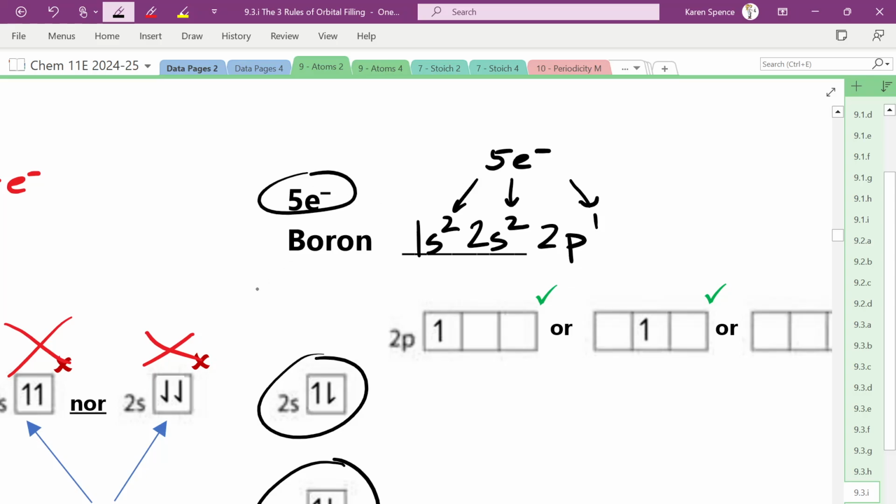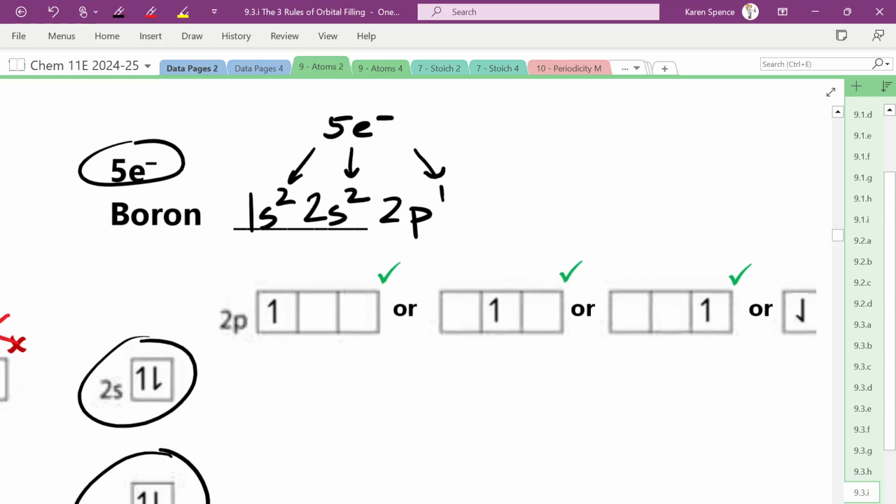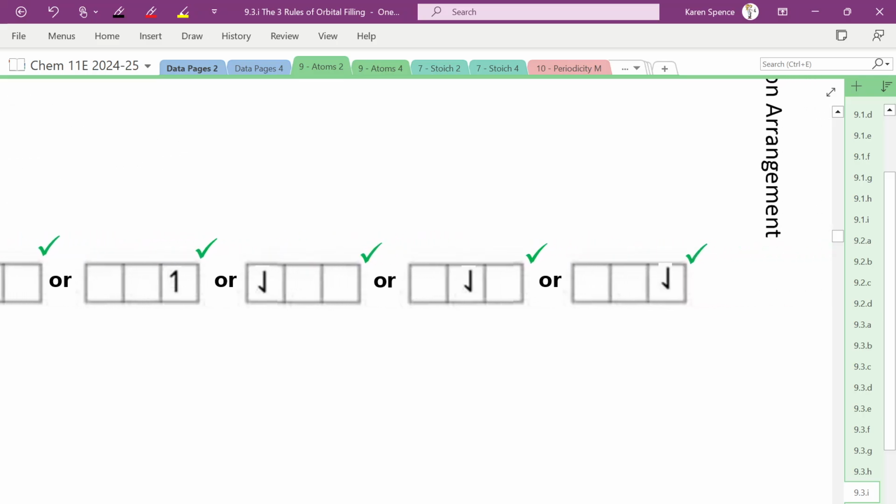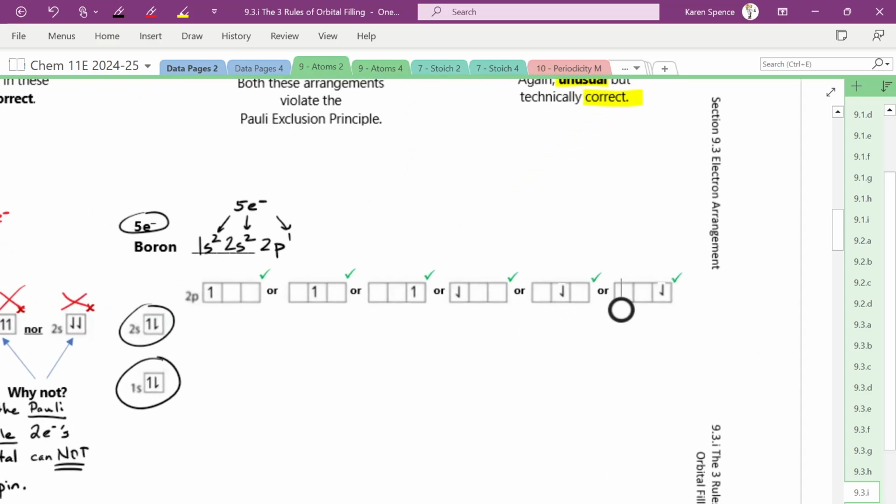Boron is atomic number 5, so it has 5 electrons. That's great. And it doesn't matter whether you put that electron in the first box, in the second box, in the third box, or if you put it upside down in the first box or the second box or the third box.